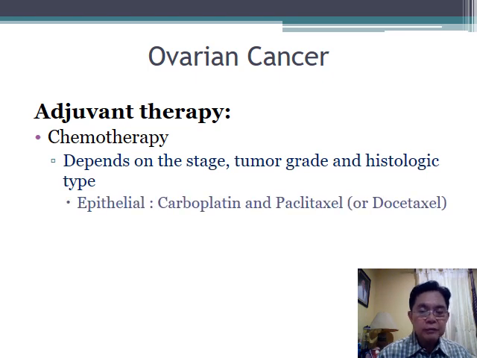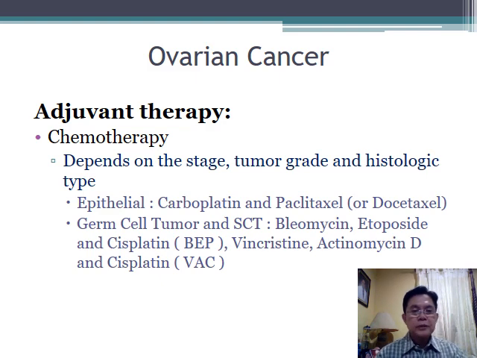For epithelial ovarian cancer, the most common combination chemotherapy is carboplatin and paclitaxel, or you can use carboplatin and docetaxel. For germ cell tumors and sex cord stromal tumors, usually it is a combination of bleomycin, etoposide, and cisplatin, or vincristine, actinomycin D, and cisplatin.